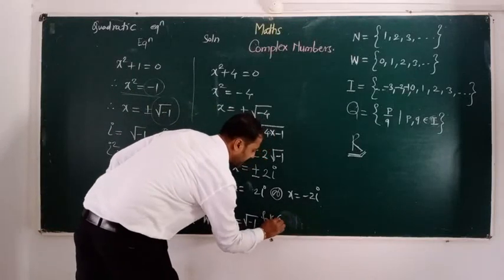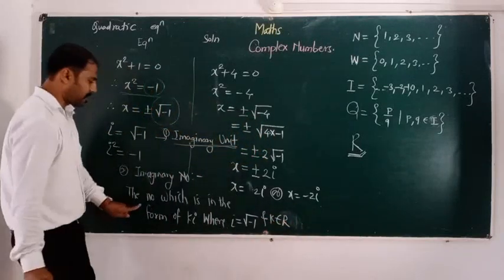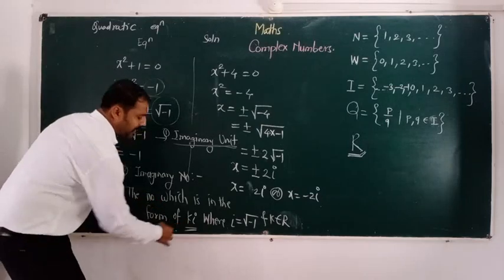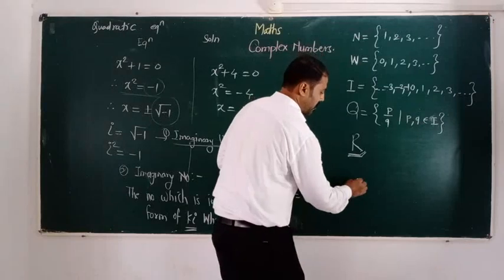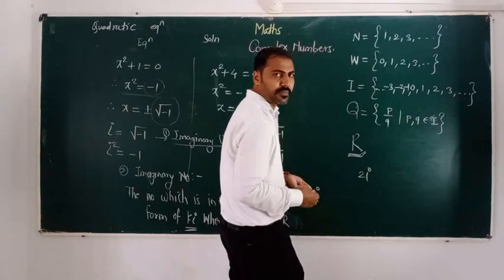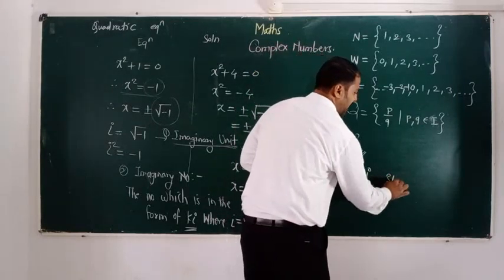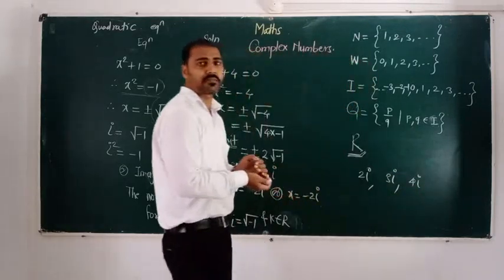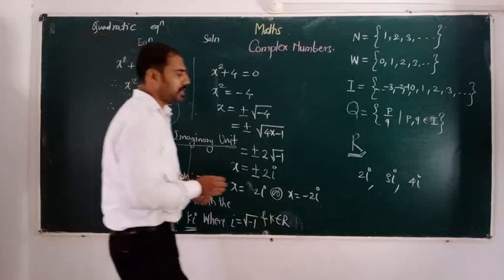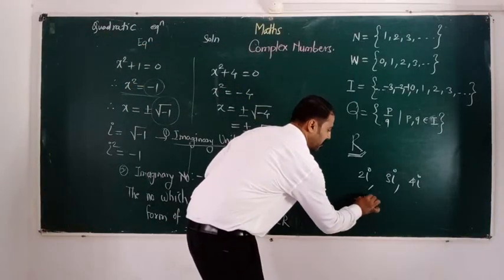Instead of that I can write k belongs to R. Then such numbers ki are called imaginary numbers. For example, 2i is an imaginary number, 3i is an imaginary number, 4i is also an imaginary number, minus 4i, minus 6i, minus 10i, these are imaginary numbers.